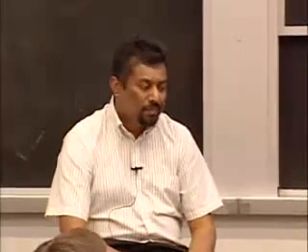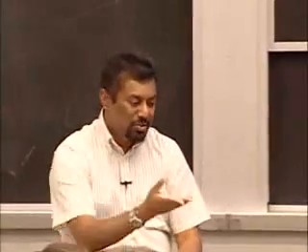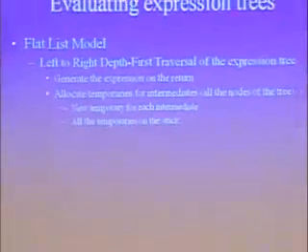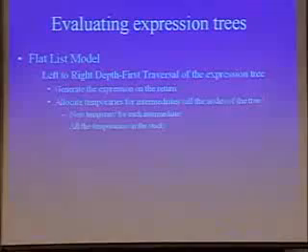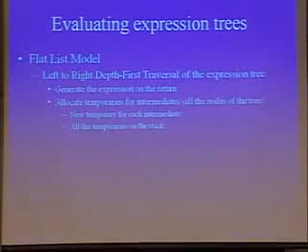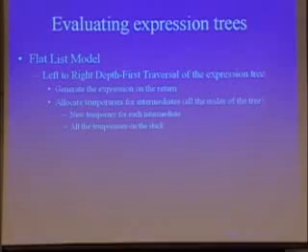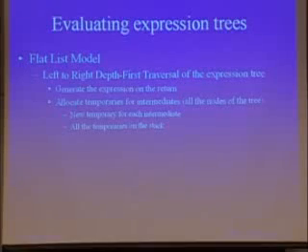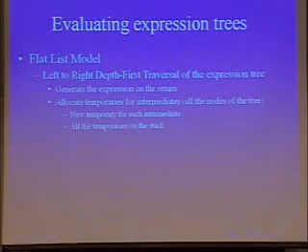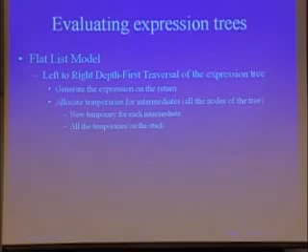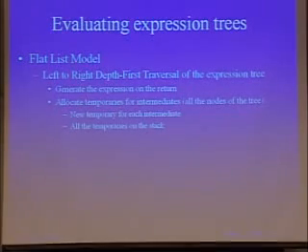So we can actually go with a flat list model. The flat list model is also something similar. You want to flatten out the whole expression tree. You do a left to right depth first traversal of the expression tree, and on the return of the traversal you start generating code. At every expression, you have an operation, and you put that result into a temporary.